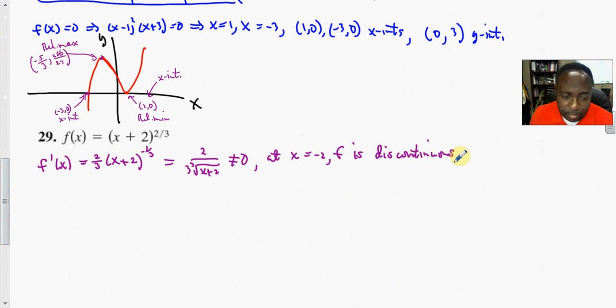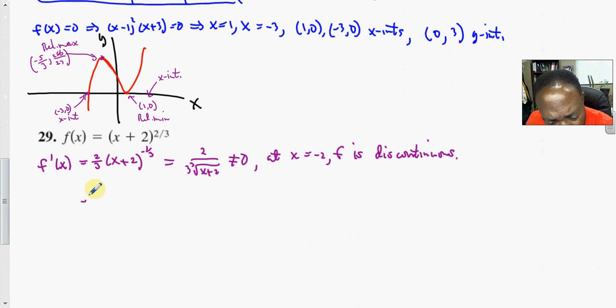So we partition based on this point of discontinuity, which is also a critical point. The critical point was defined in 2 ways. One, you can find where the derivative is equal to 0 and solve for x, or the point x is a point of discontinuity for the first derivative.